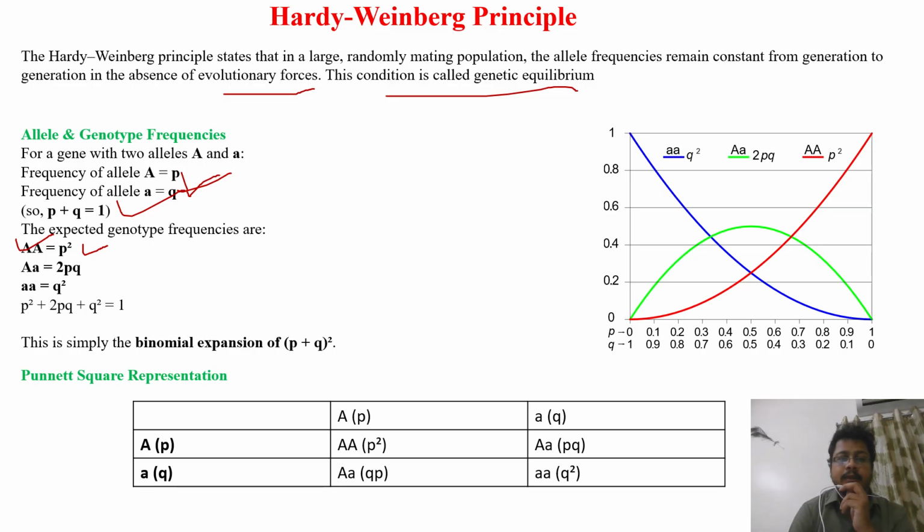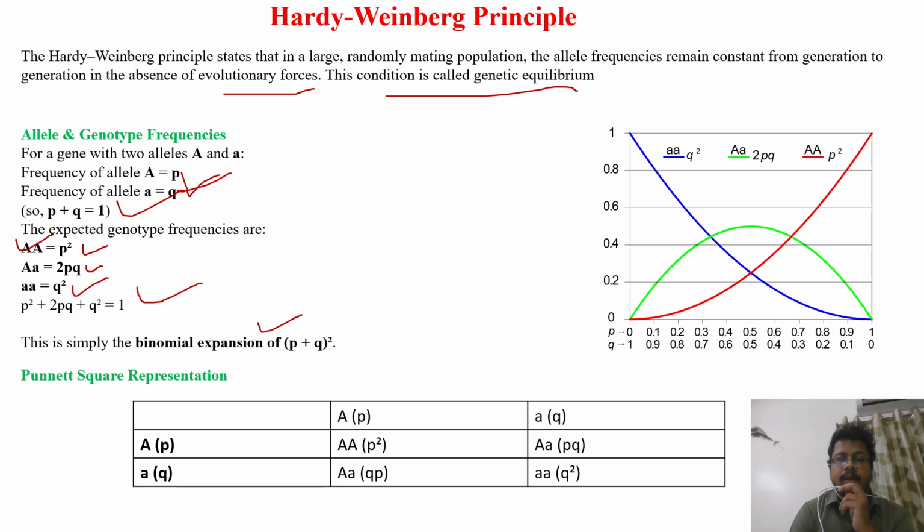And the probability of small a a will be q square, and the heterozygous occurs in a 1 to 2 to 1 ratio. So the heterozygous frequency will be 2pq. So we get p square plus 2pq plus q square is equal to 1.